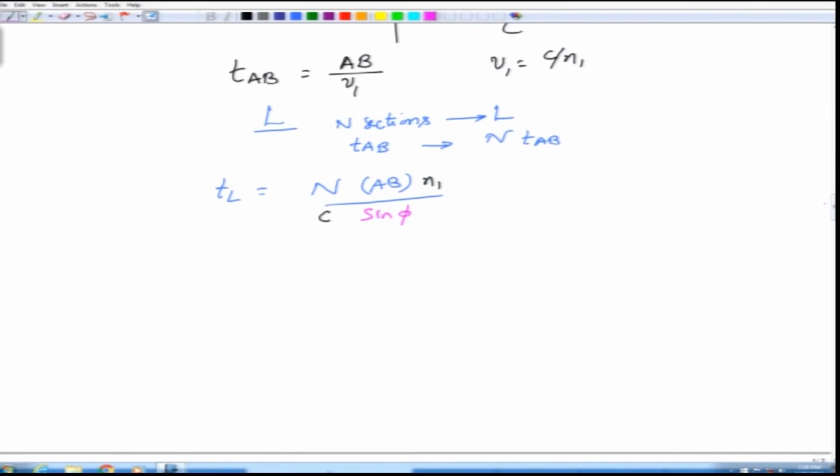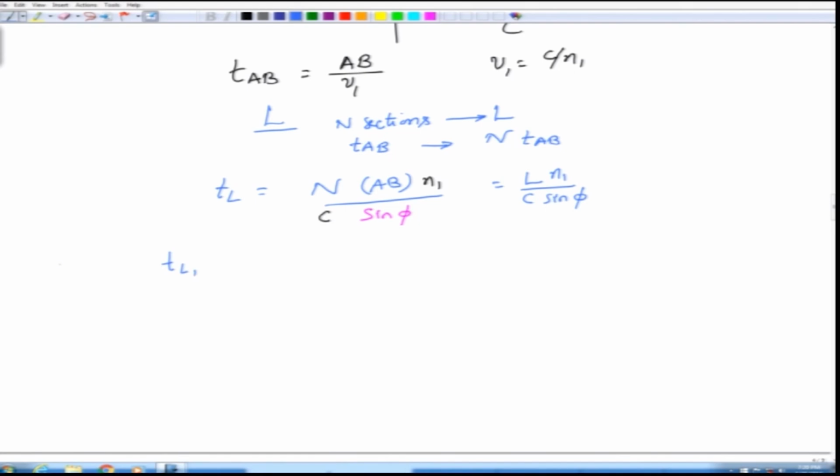So, the time travelled to traverse a fiber of length L is given by this expression, and since you are looking at n sections of AB, n sections of AB is nothing but L. Each section is of length AB, so n times AB is nothing but L. So, you have the time taken for any ray which is incident given by L n1 by c into sin phi. Now, this is interesting.